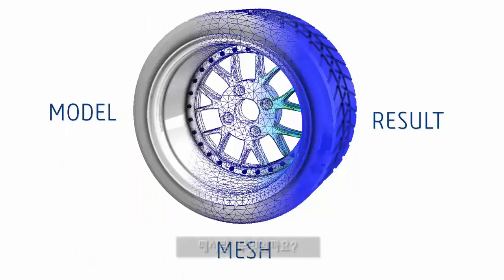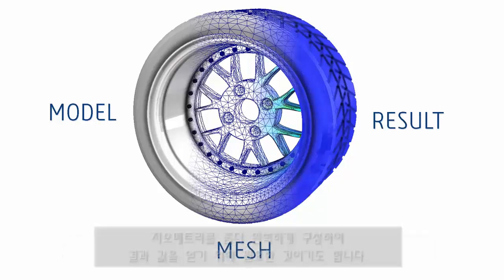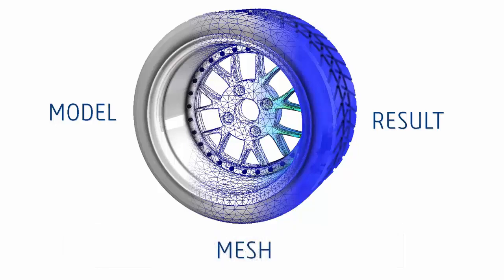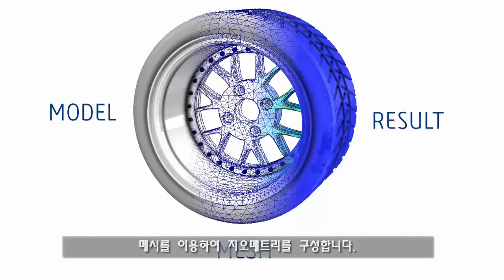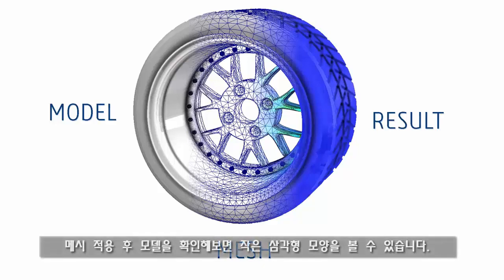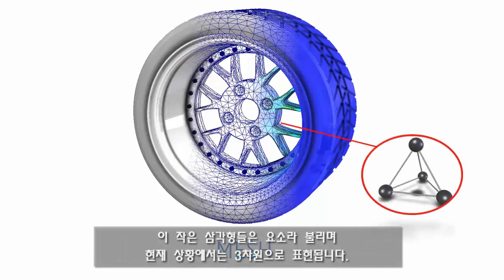So let's start to talk about a mesh. What is a mesh? Well, I said that it was a mathematical representation of the model, and that is something we need to do to capture the geometry in a good way, and from that we get the result. The way that the mesh is built up is it looks like small triangles here on the graphics, and these triangles are what we call the elements.